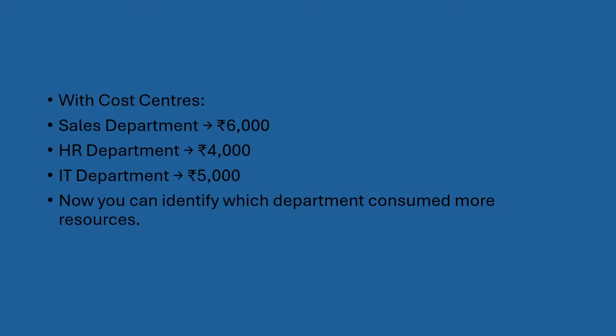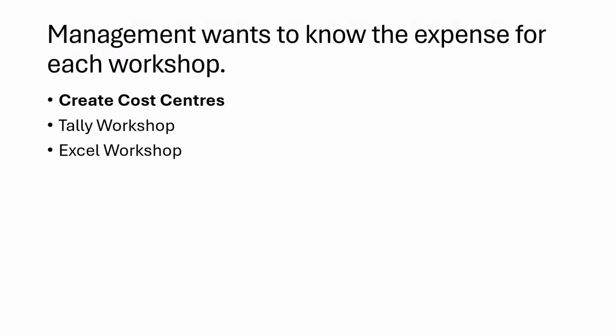With a cost center, you may distribute the amount: sales department 6,000, HR department 4,000, IT department 5,000. Now you can easily identify which department consumed more resources. For this, we need not have multiple ledgers.